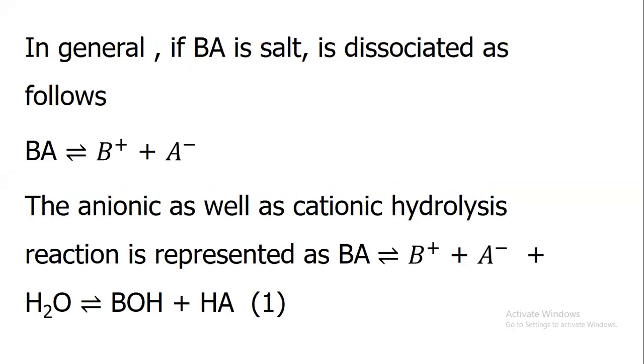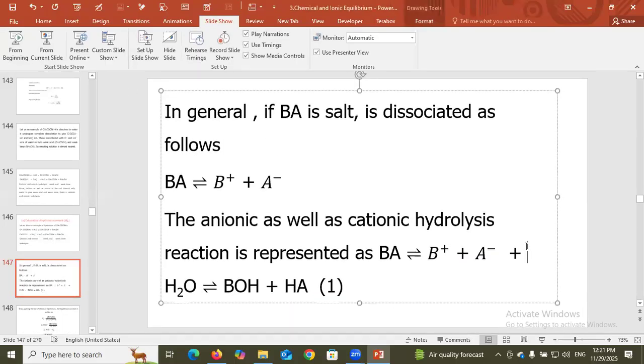In general, if BA, the salt, is dissociated as B+ and A-, the anionic as well as cationic hydrolysis reaction is represented as B+ plus A- plus H2O gives BOH plus HA.